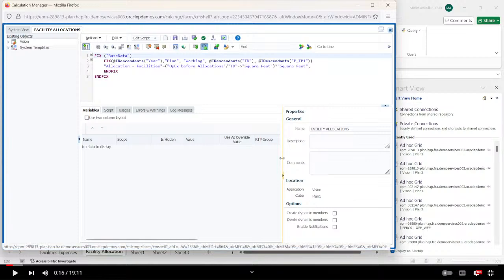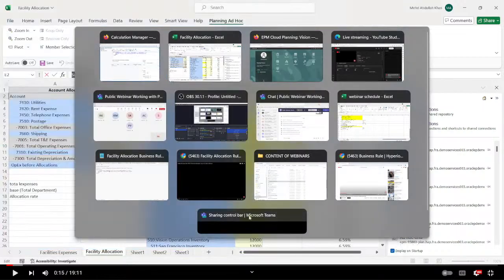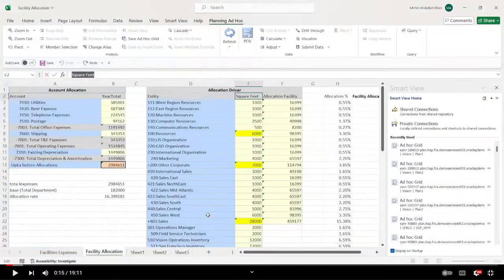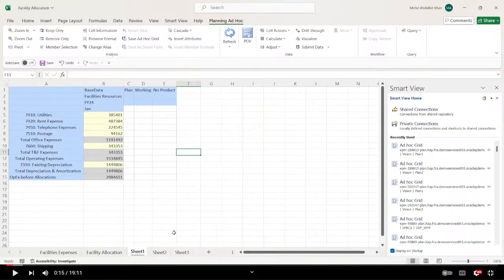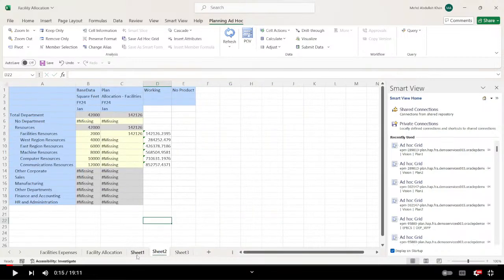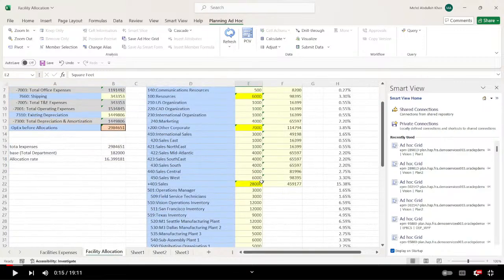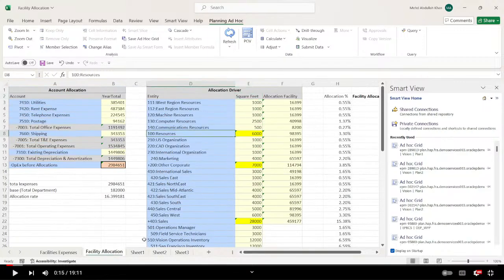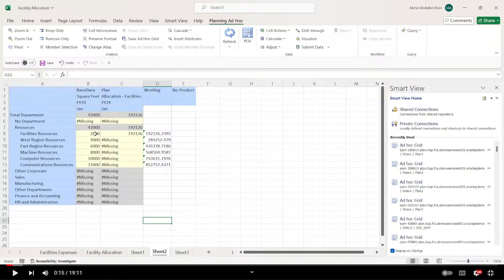Okay, so now let's move on to our sheet. This is my example right here. Now let's put here.